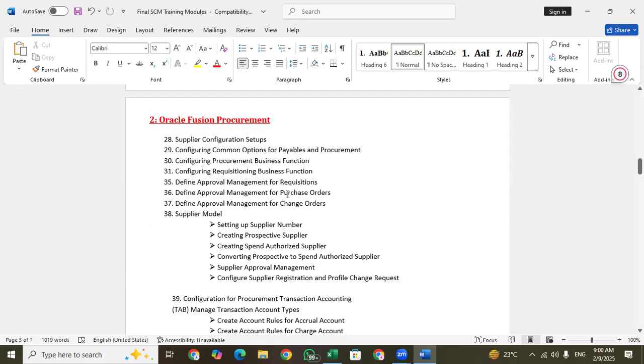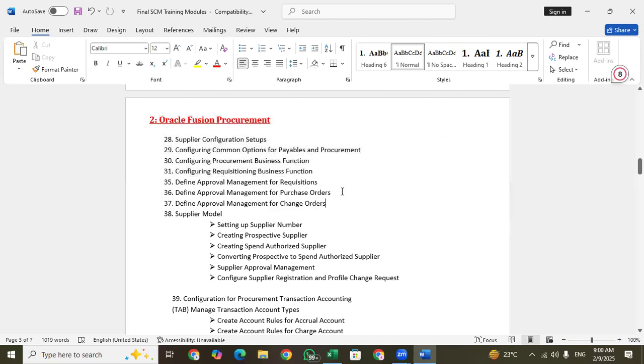That is the reason the first entity of setup in the application is the supplier. Okay, as a functional consultant, how we need to set up the supplier, how to create a supplier, and what are the ways of creating the supplier, we can learn from this first level of configuration related to suppliers.